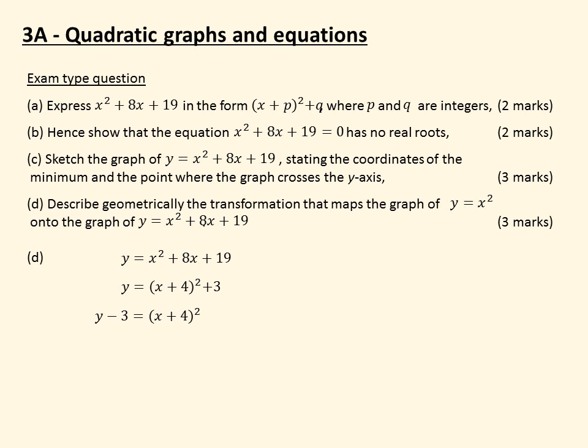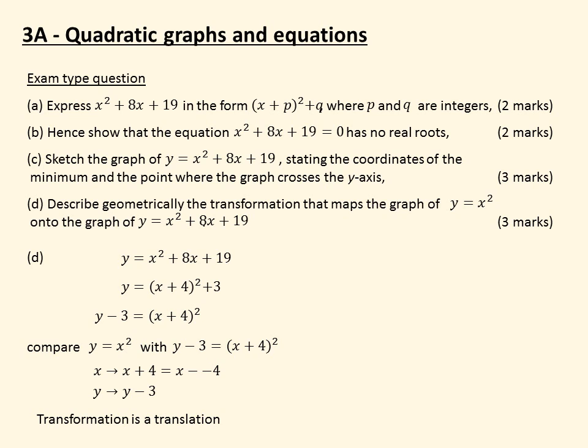If we take the 3 on the left hand side, we can see, if we compare this to y equals x squared, then if we take x becomes x plus 4, or if we write this as x take away minus 4, and y maps to y minus 3, we can go from the first quadratic to the second, the one that we want. So it's a translation, and the vector is (-4, 3).